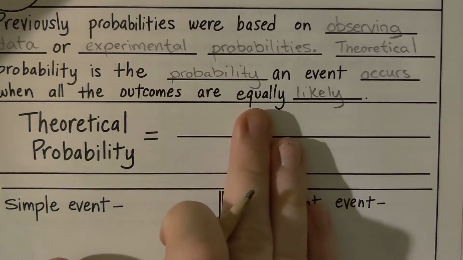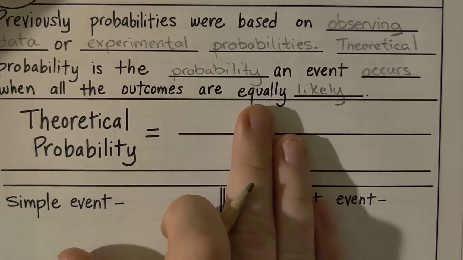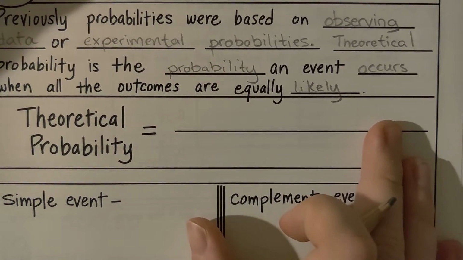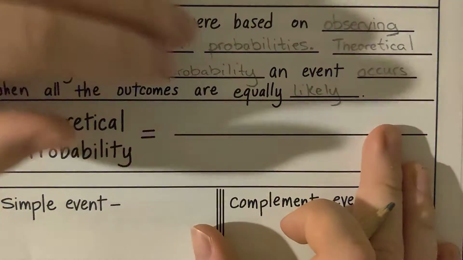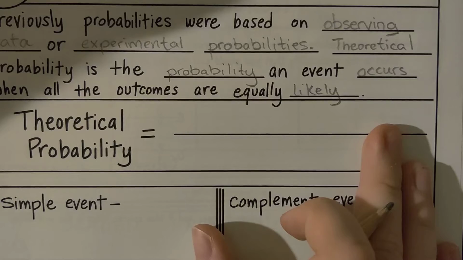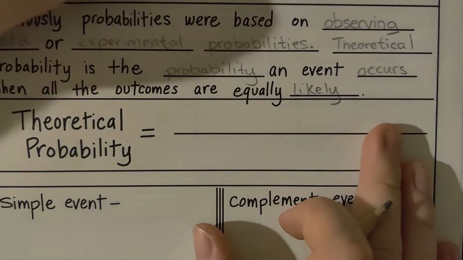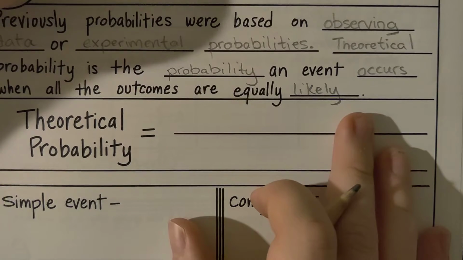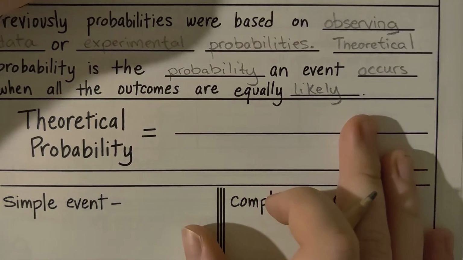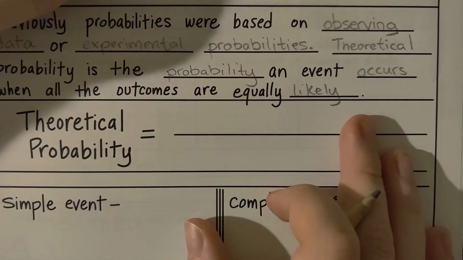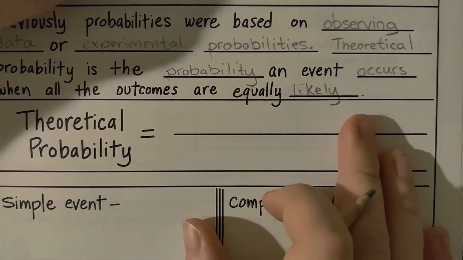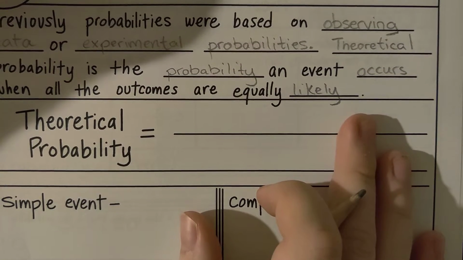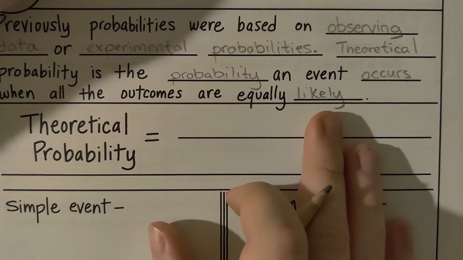We know this is different from the loot box example I was bringing up, because with that, some drops are more likely than others. So with that being said, we wouldn't call that theoretical probability. Theoretical probability is used for things like a coin flip or rolling a die, things like that. So that's theoretical probability.